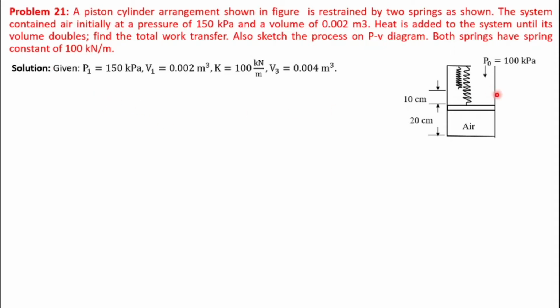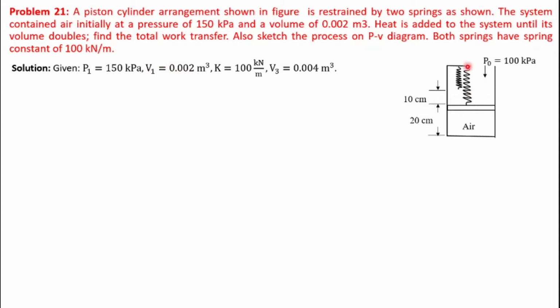Given is initial pressure 150 kilopascal and initial volume 0.002 cubic meter, and the spring constant of each spring is this much, and the final volume is doubled, so final volume V3 is 2V1.